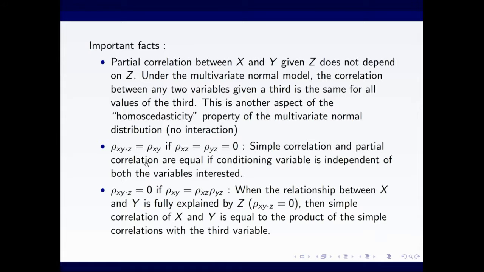That is, x and z are uncorrelated, and y and z are uncorrelated. In the multivariate normal case, that means x and z are independent and y and z are independent.